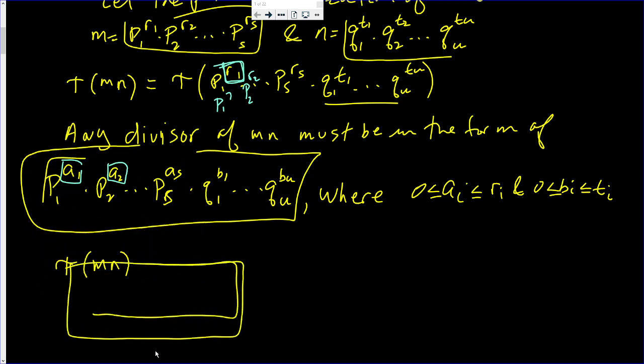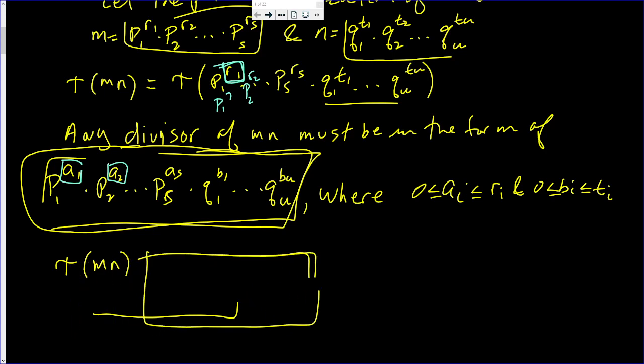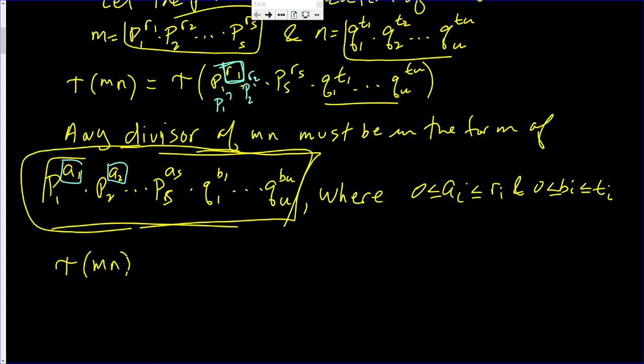Every divisor of mn is in this form. So the question is, how many choices are there for each and every exponent? And the answer is, for this exponent a1, there are r1 plus 1 choices.